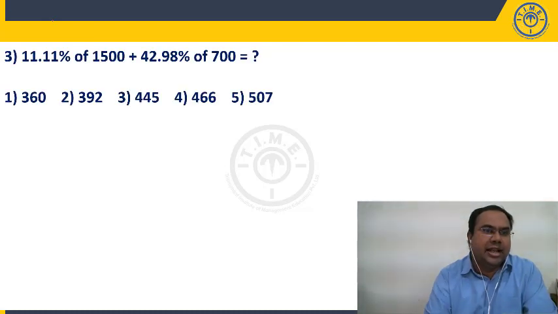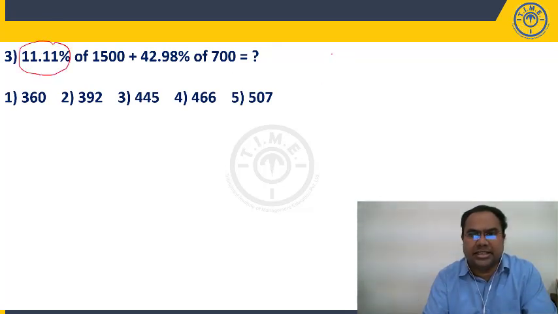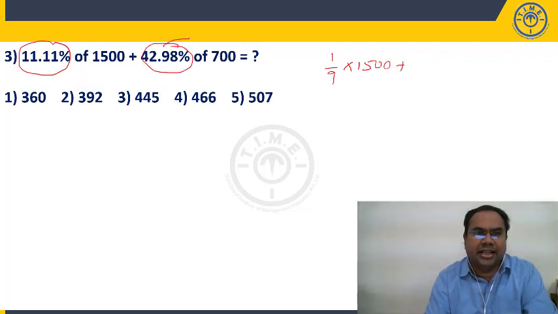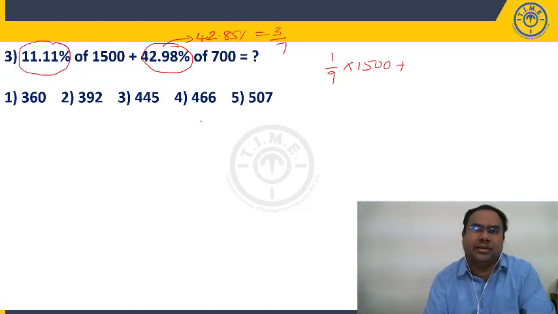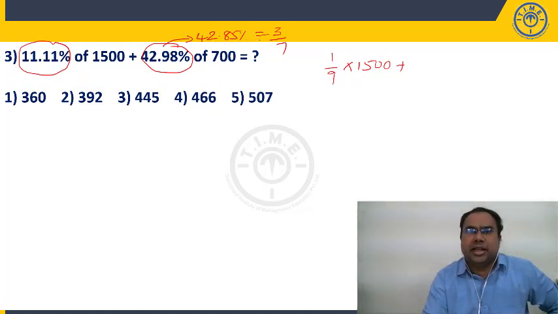Question number 3, students. 11.11 percentage is nothing but 1 by 9, into 1500. 42.98 percentage, I'll take this as 42.85 percentage. 42.85 percentage is nothing but 3 by 7, right? 1 by 7 is 0.142857, and 3 by 7 is 42.85 percentage.